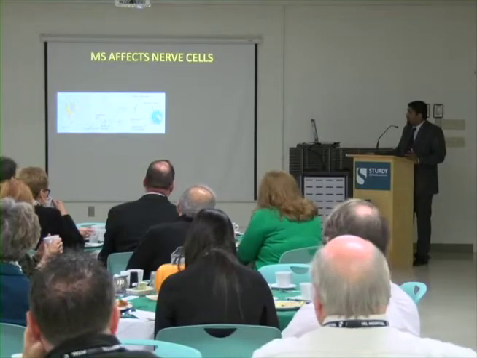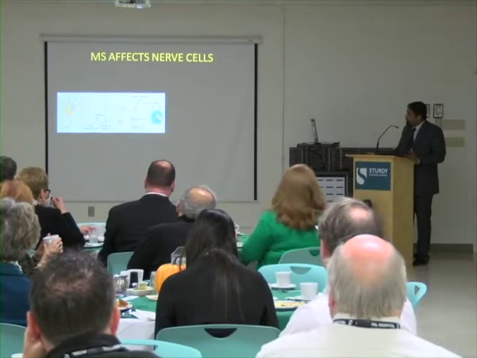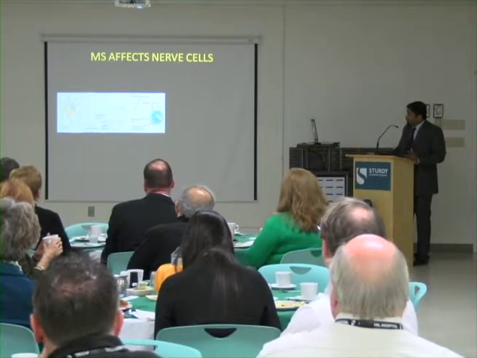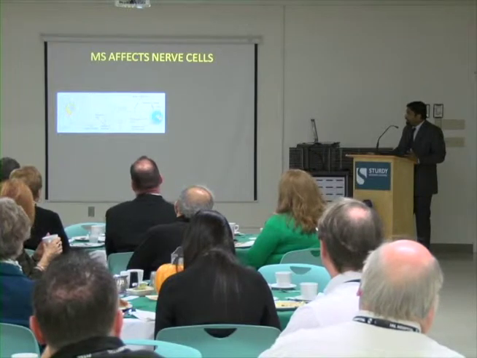It affects the nerve cells, and nerve cells have this structure where they have a cell body, which is the control center of the cell, and this axon, which is like a cable that transmits the information from this control center to the rest of the body, and also does it in the opposite direction depending on the type of the cell.